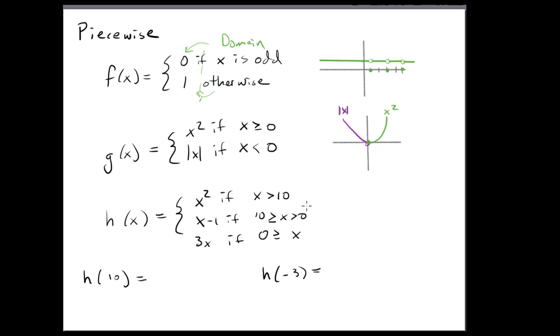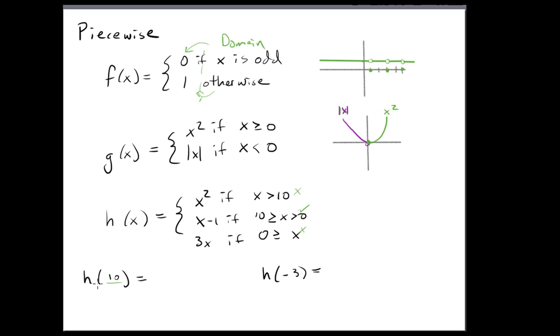Lastly, we've got h of x, and this has got a lot going on, and I want to use that as an example of finding values for piecewise functions. Let's first find h of 10. Is 10 greater than 10? No. Is 10 less than or equal to 10 and greater than 0? Yes. Is 10 less than 0?